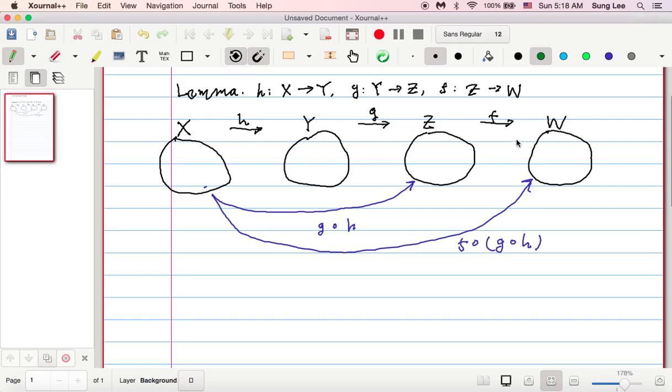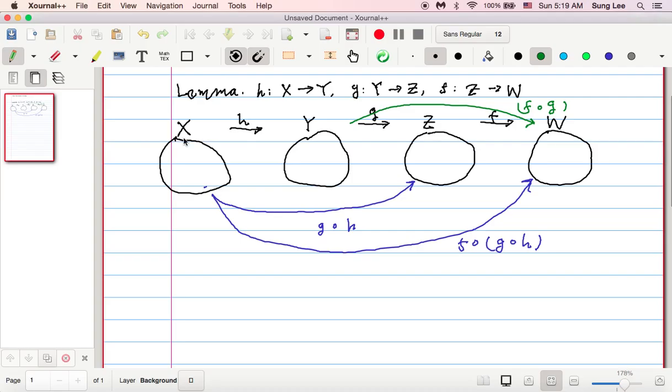This time I'm going to combine these two first. Oh, actually, I wish I left some space here. So if we combine these two first, it'll be g followed by f.